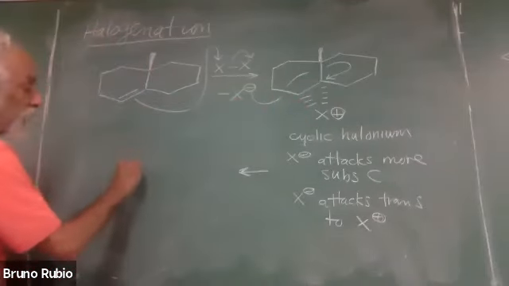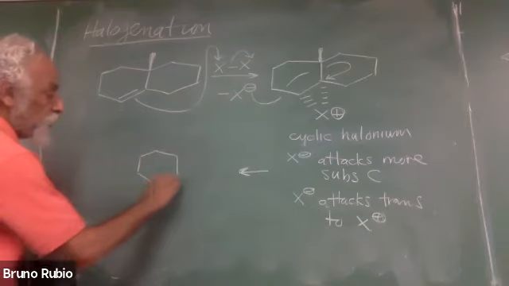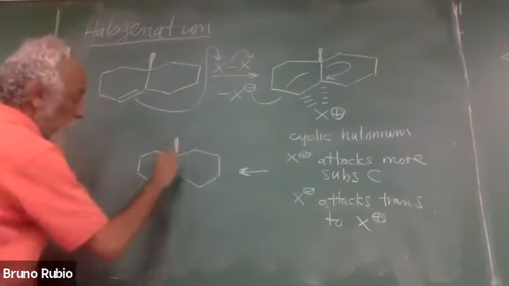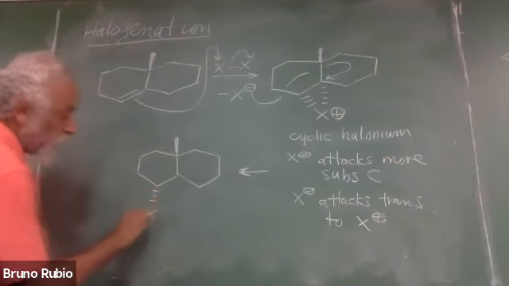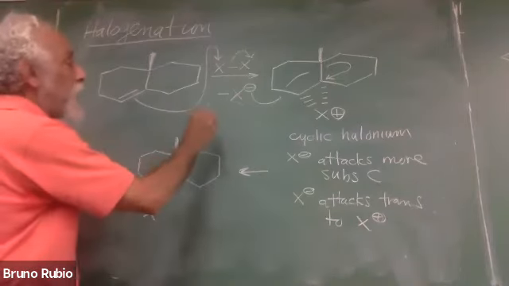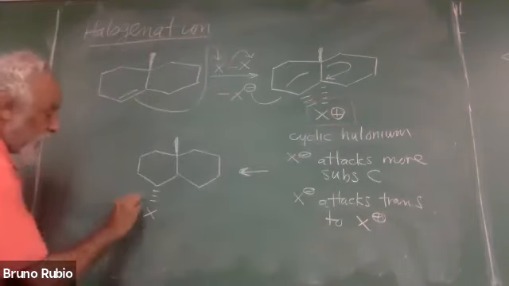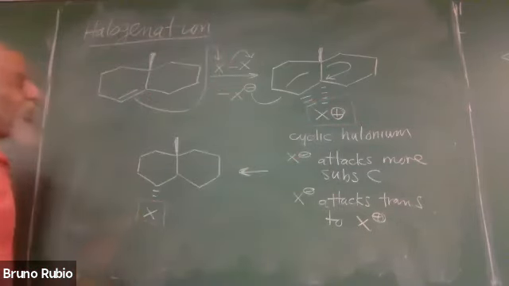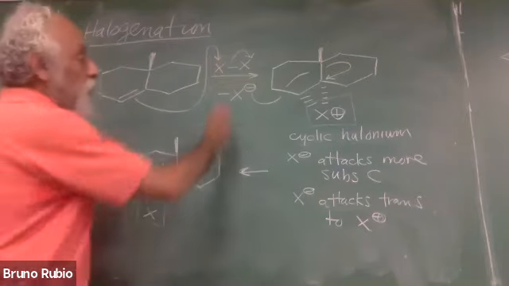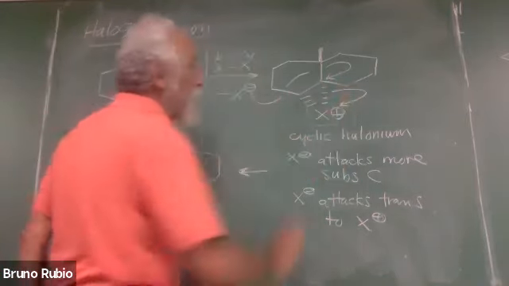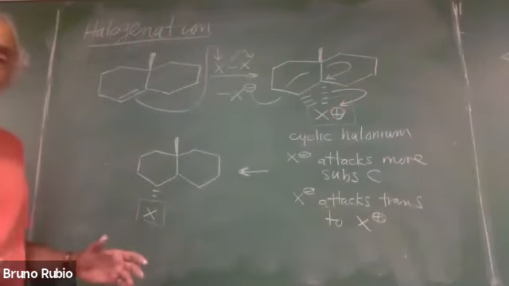And so the final product here is going to be, there's our original X. I'm going to put it in a square just to keep track of it. That's what used to be X plus. When X minus came in, it ruptured this bond, right? That's a three-membered ring.